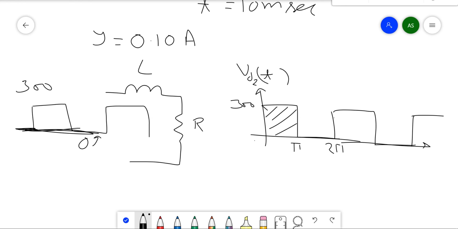So you need to calculate this area divided by 2 pi. This area is 300 multiplied by pi. So V naught DC, the DC value of this waveform, will be 300 into pi divided by 2 pi.